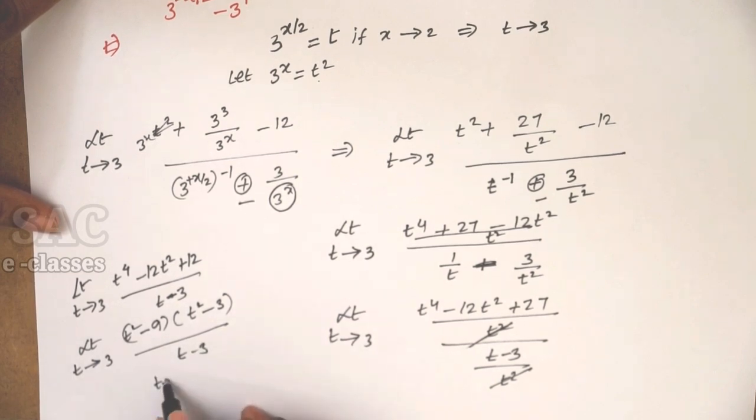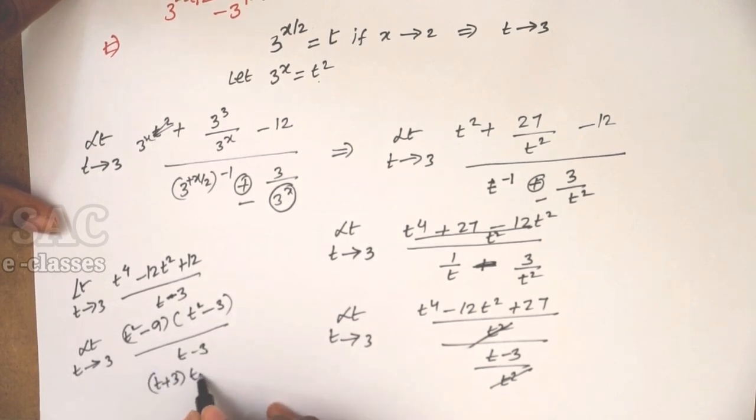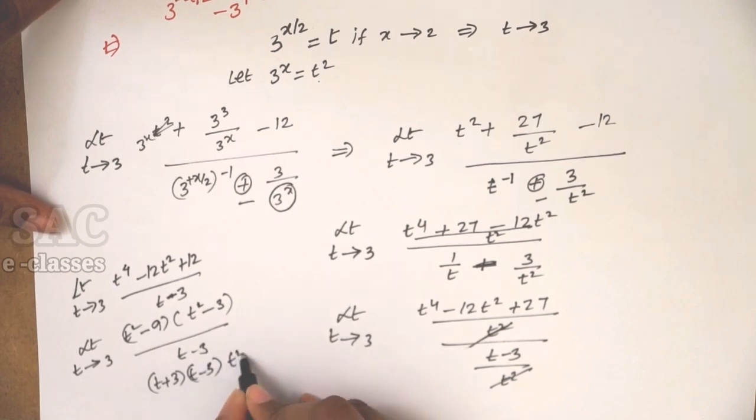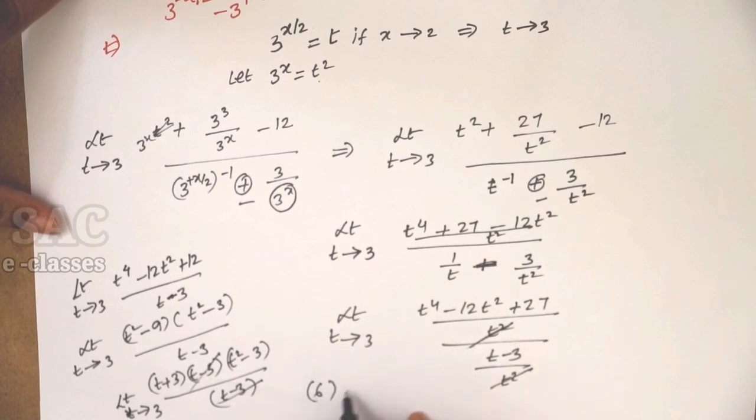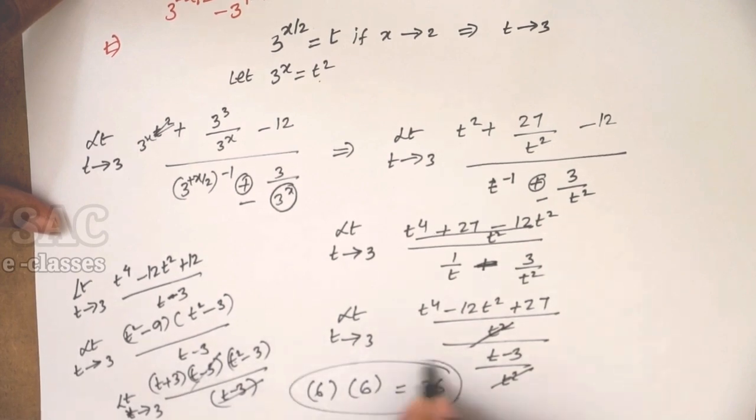Simplify it: (t plus 3) into (t minus 3) into (t square minus 3) by (t minus 3). Under simplification, apply the limit. 6 into 9 minus 3, 6. Totally the answer is 36.